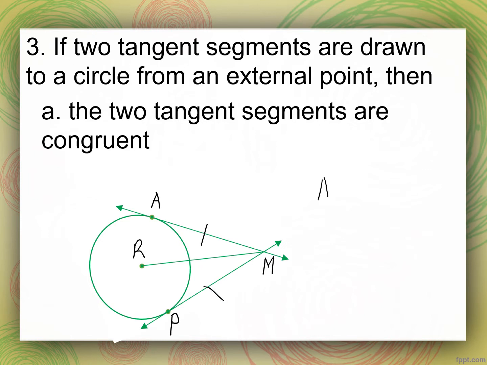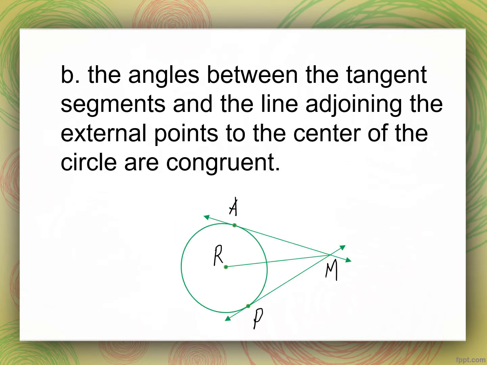So AM is congruent to PM. Okay, let's continue. Let's have the second one. So again, from the previous one, let's recall that we will produce two congruent segments, right? So segment AM and segment PM.